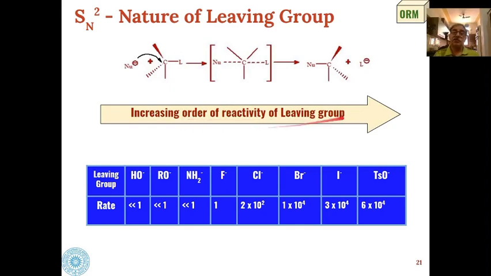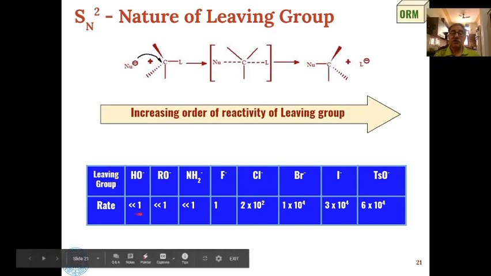For hydroxide ion, the rate of reaction is less than 1. Alkoxide also less than 1. Amide ion less than 1. Fluoride ion less than 1. As we move from fluoride to chloride to bromide to iodide, the rate of reaction keeps increasing.